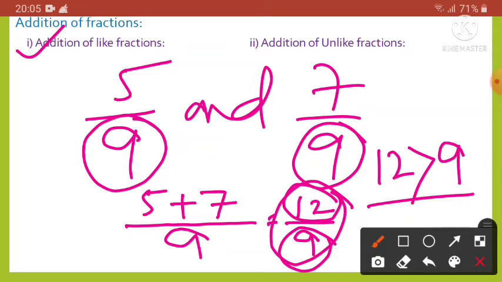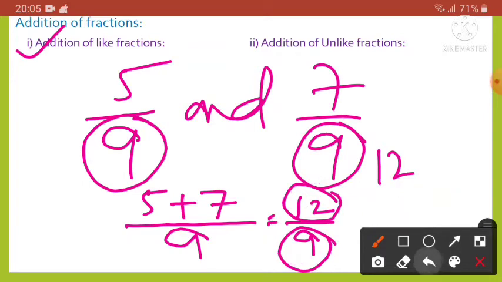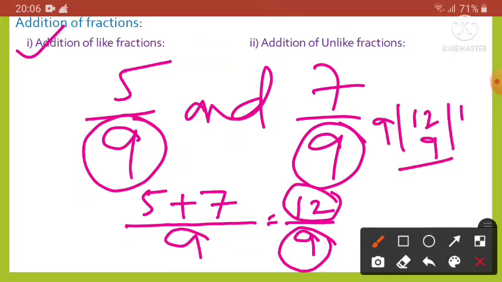To write it as a mixed fraction, we divide 12 by 9. Here 9 into 1 is 9, and the remainder is 3, so we write 1 and 3 by 9 as the mixed fraction.